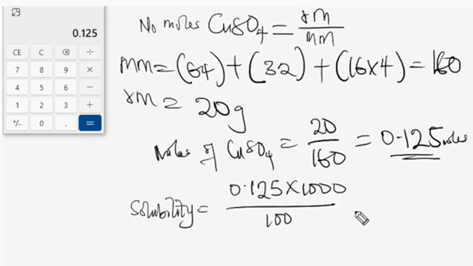That's the solubility for 100 grams of this. And that will be 1.25 moles per dm cubed.